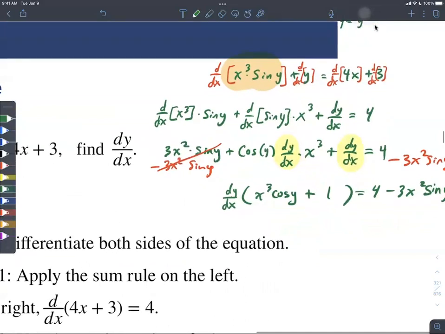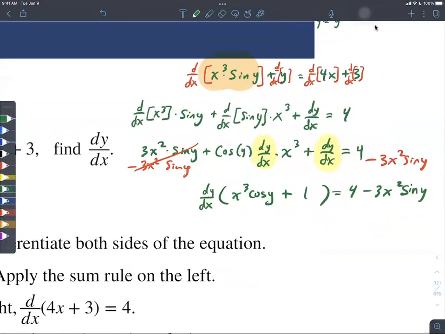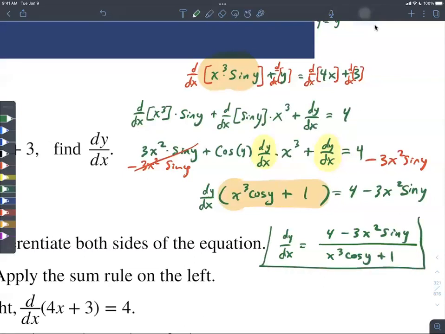Now all we have to do is divide by this factor here. If we divide by that factor, we have dy/dx all by itself, and that would be our answer. So dy/dx is equal to 4 minus 3x squared sine y, divided by x cubed cosine y plus 1. This is our answer.